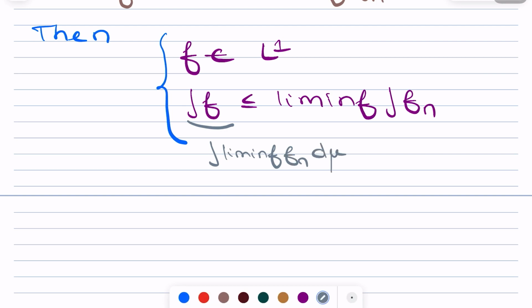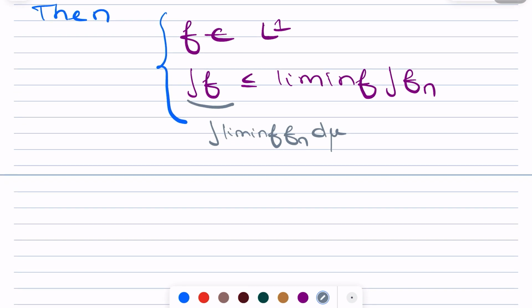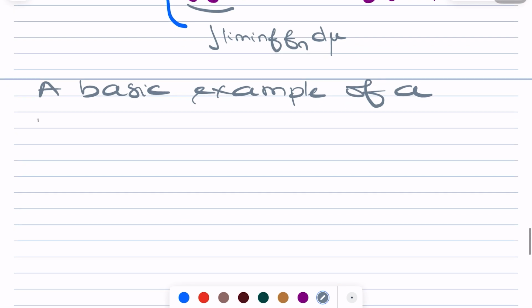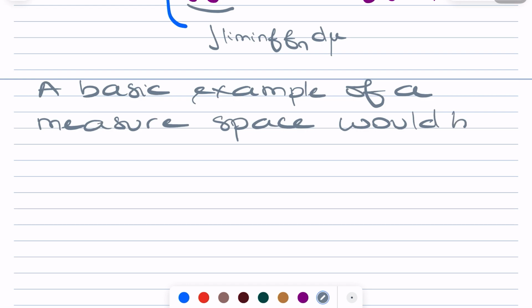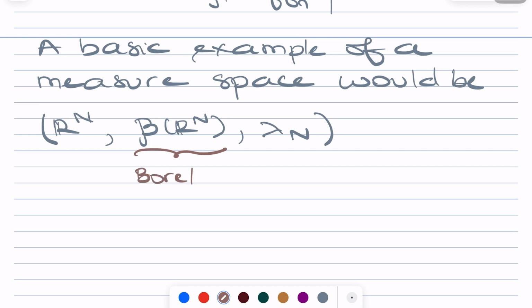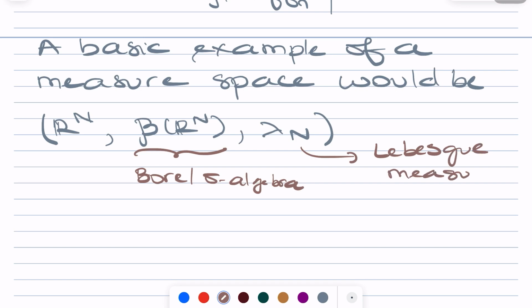Okay, so a basic example of a measure space would be, say, Rn, where this is called the Borel sigma algebra, and this is just the Lebesgue measure on Rn.